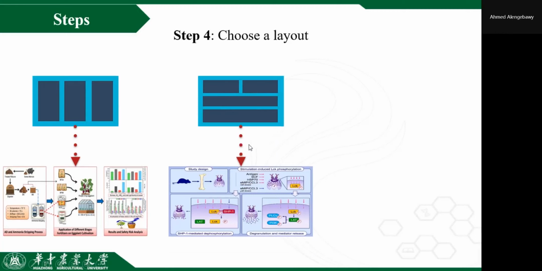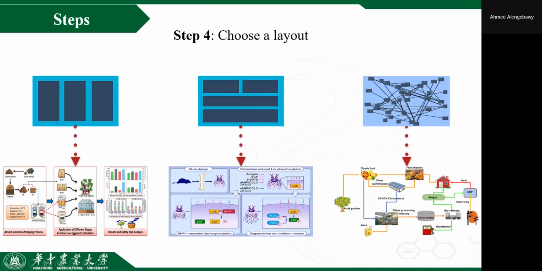You can start from the top and go down, and from left to right. And there's a random layout. You can put your items randomly, and you can use some arrows to refer to the flow of your graph.